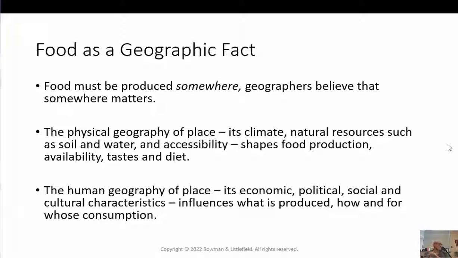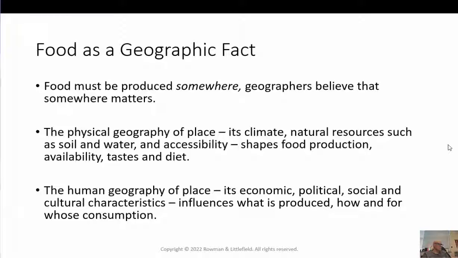Because food needs to be produced somewhere, and as geographers, we believe that that somewhere matters. The physical geography of place, such as climate, natural resources, soil, water, and accessibility, shapes food production, availability, taste, and diet. And within our program, we have environmental science. Environmental science is the study of how people essentially degrade or improve the natural systems such as air, water, and soil, which are necessary for the growing of food.